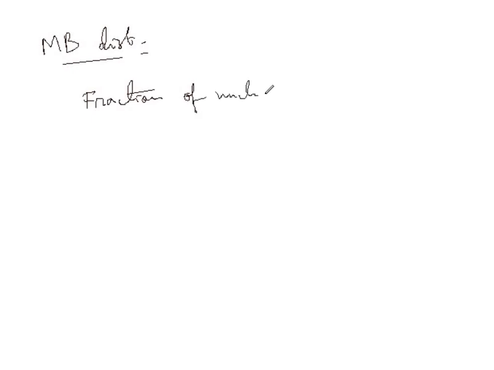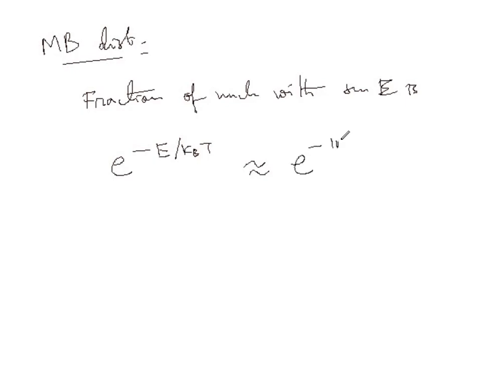What's the fraction? Let us consider the Maxwell Boltzmann distribution. The fraction of nuclei with such energies is of the order of e to the power minus E by kBT, which is of the order of e to the power minus 1 MeV by 1 keV. So this is of the order of e to the power minus 1000.